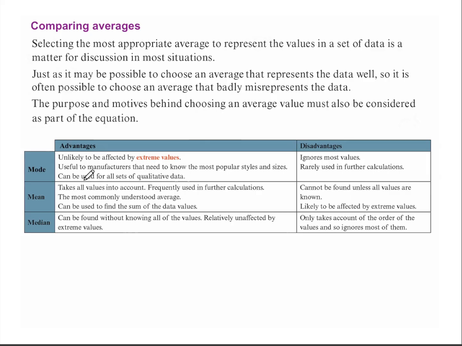For the mode, the advantage is that it's unlikely to be affected by extreme values, whereas the mean does get affected by extreme values, since they can skew the average up or down depending on how high that extreme is. The other important advantage of the mode is that it can be used for qualitative data.